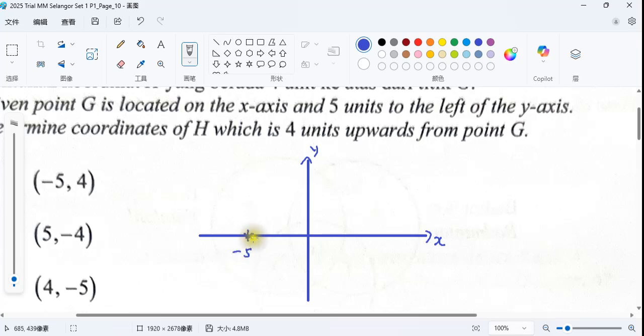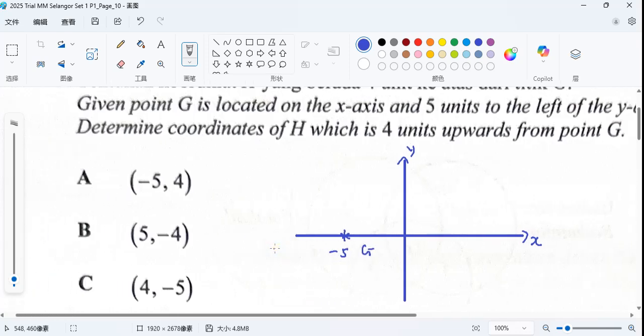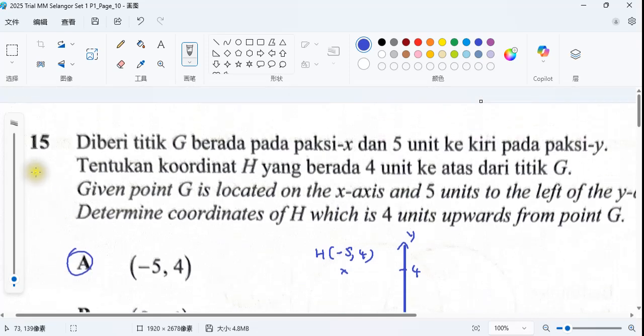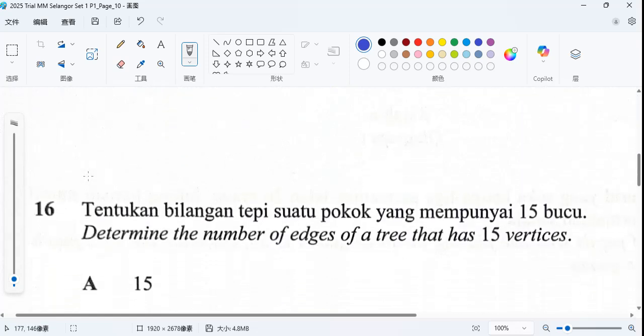Okay, so this is G. And determine the coordinate of H, 4 units upward of G. So this is H. H will be negative 5, 4. So the answer is A. So this is from Form 2, Chapter 7, Geometry Coordinate.